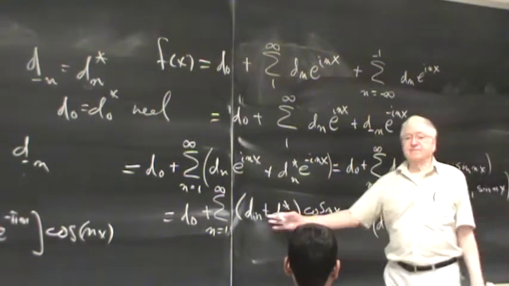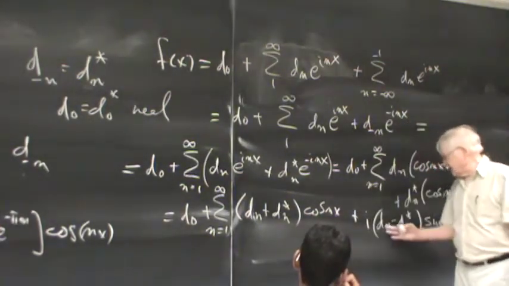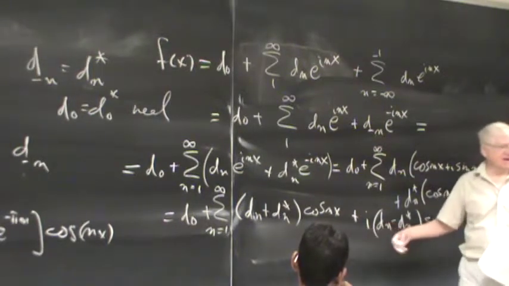Now, of course, dn plus dn star is real, and dn minus dn star is imaginary, but when you multiply by i, you again get a real number.